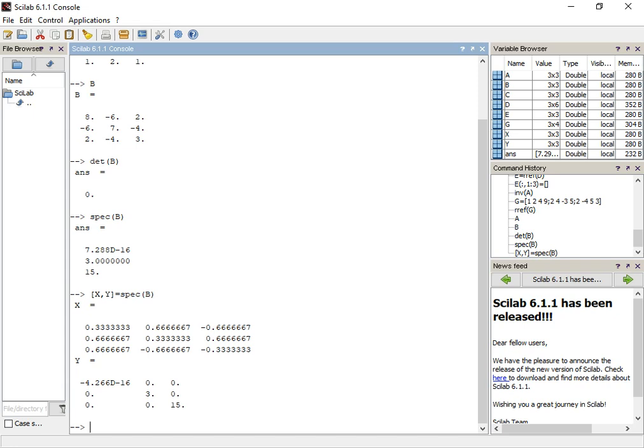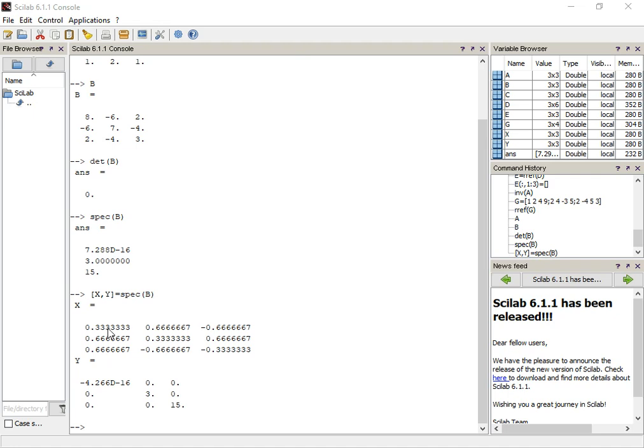Now here you are getting eigenvectors, and in the column you get the vector 0.3333, 0.666, and 0.666, which is the corresponding eigenvector for 0. If you write in another fashion, dividing everything by 0.333, you get 1, 2, 2.